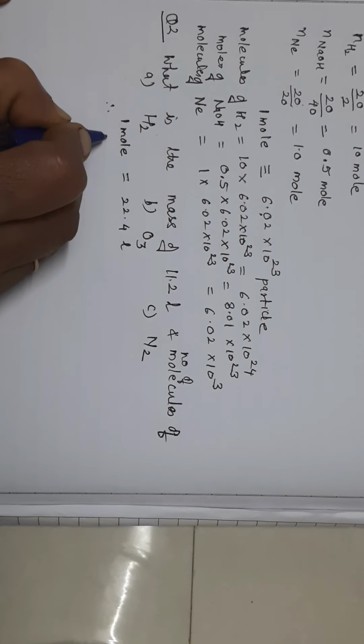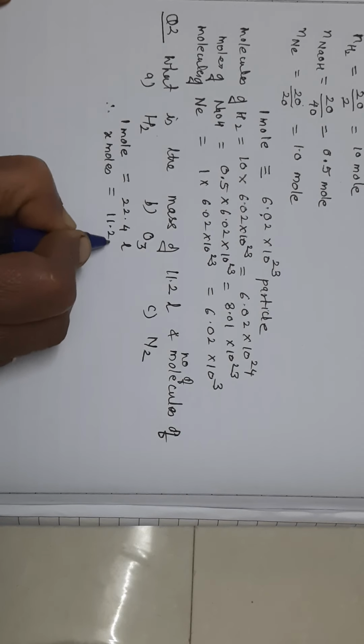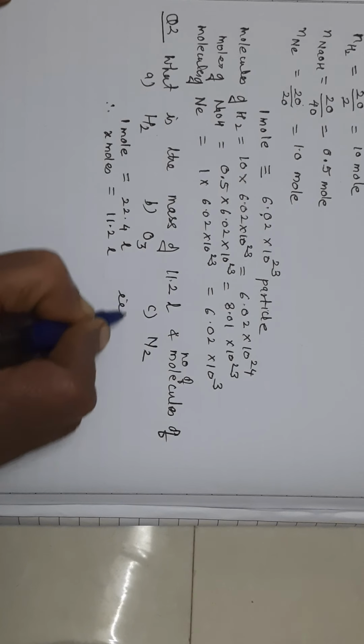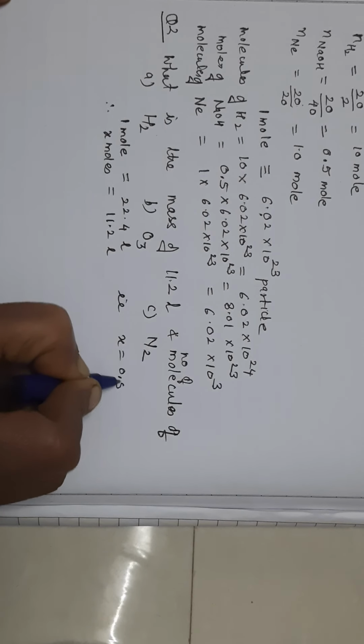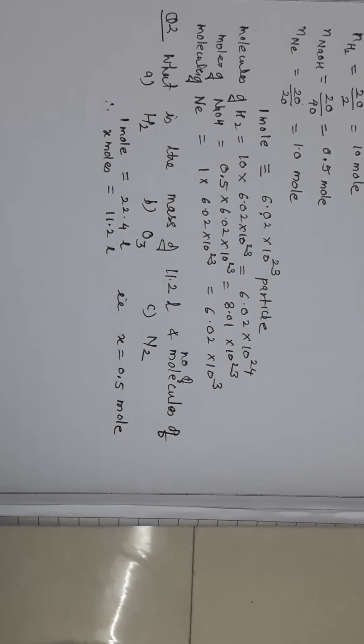Therefore, X moles is equal to 11.2 liters, that is, X is equal to 0.5 moles. Once we know the moles, we can calculate the mass and the number of particles.